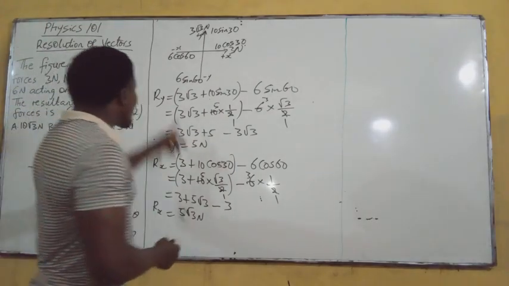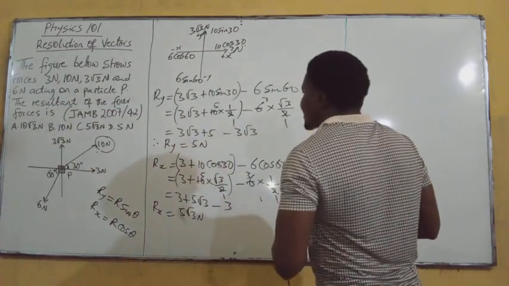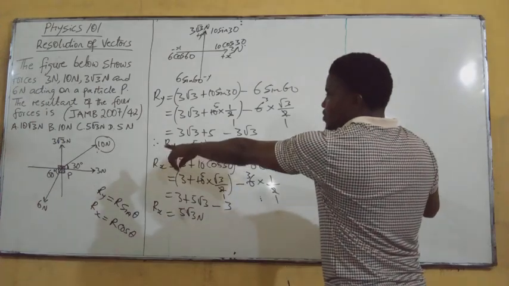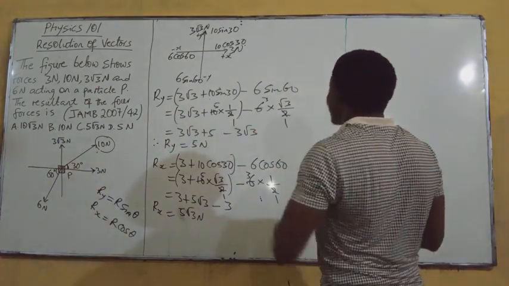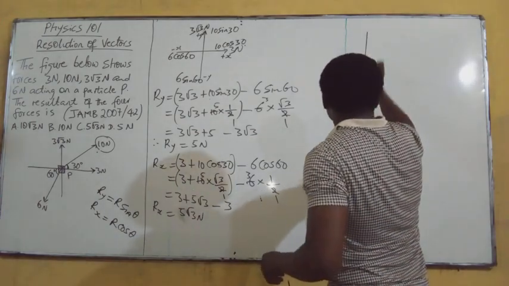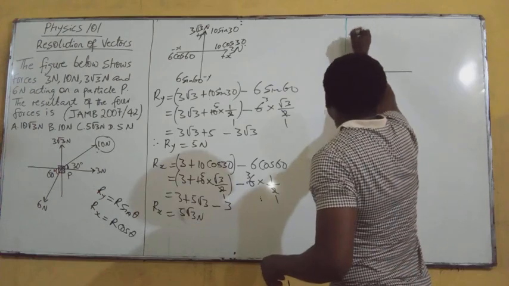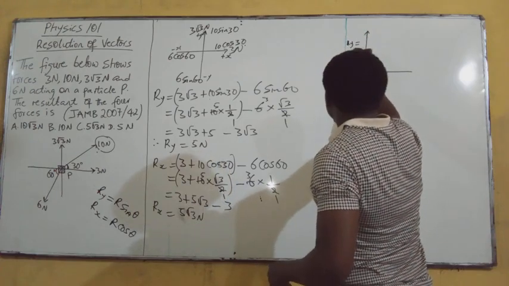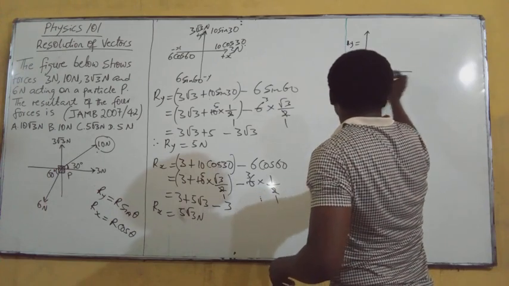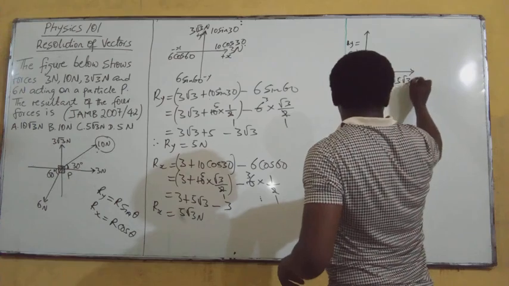Then finally, what will be my final answer? Here, I'm going to get my shape in this one. Since I've resolved the inclined vectors into their vertical and horizontal components, I'm going to be having my Ry and my Rx. This is my Ry, which is equal to 5 Newton, and this is my Rx, which is equal to 5 root 3 Newton.